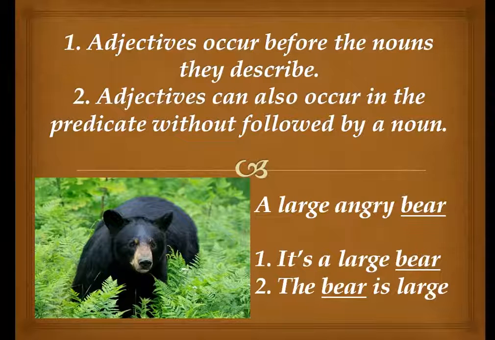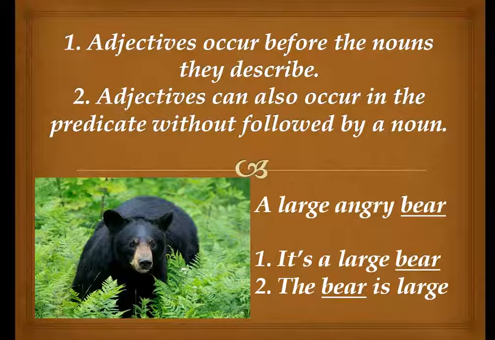Adjectives come before the nouns they describe, and they can also come in the predicate without following the noun. See, two points are given about adjectives. Adjectives occur before the nouns they describe, and adjectives can also occur in the predicate without being followed by a noun.